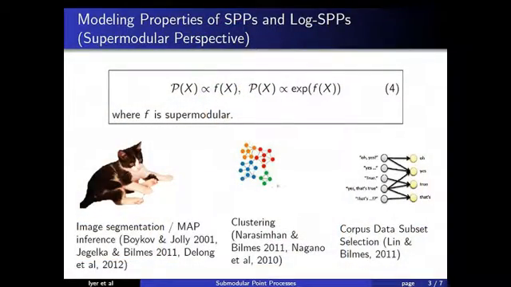They are natural in applications where one wants diversity and coverage, so sensor placement, summarization, or diversified search are natural applications. You can also define these distributions with a supermodular function, and natural applications of these would be where one wants to model notions of attraction or cooperation, like image segmentation, clustering, etc.